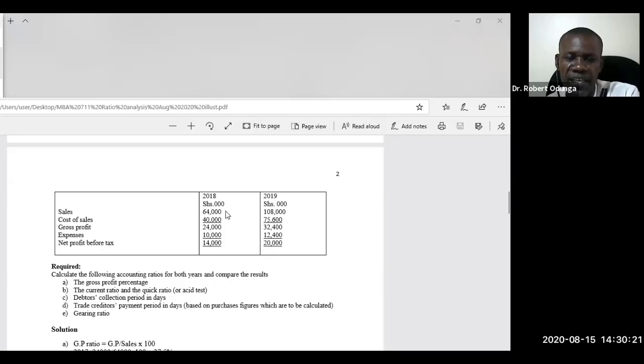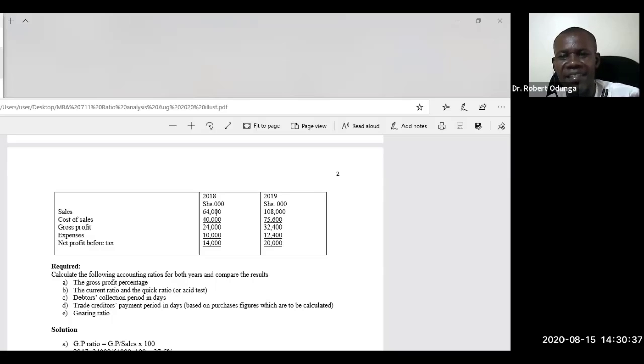So we just pick the figure as it is to represent our sales, because that is the best assumption we can make in the circumstances, since we have not been told anything more than the figure that you've been given.